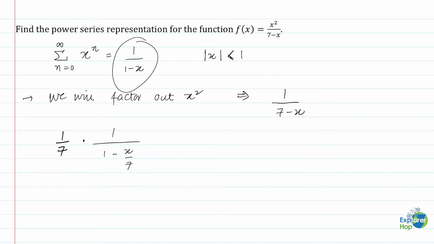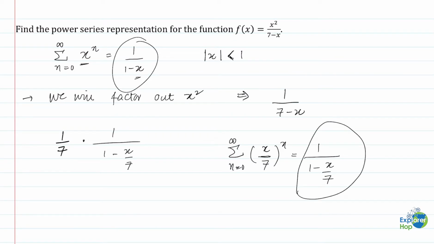If you notice, if we replace x in the power series with x over 7, we get the summation n equals 0 to infinity of (x over 7) to the power n equals 1 over 1 minus x over 7.